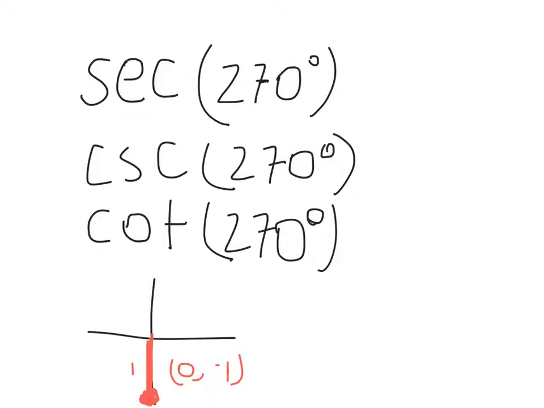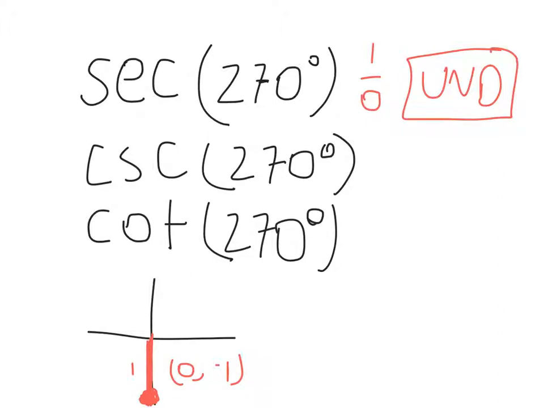Secant is cosine's reciprocal, and the cosine is the x-coordinate on the unit circle, so the reciprocal of 0 would be 1 divided by 0, and since we cannot do that, the secant of 270 degrees will be undefined.